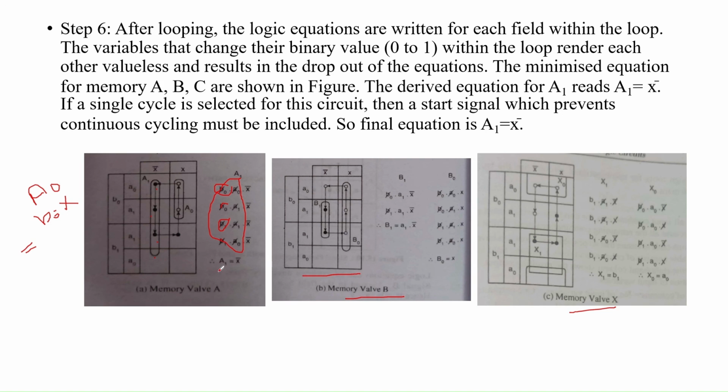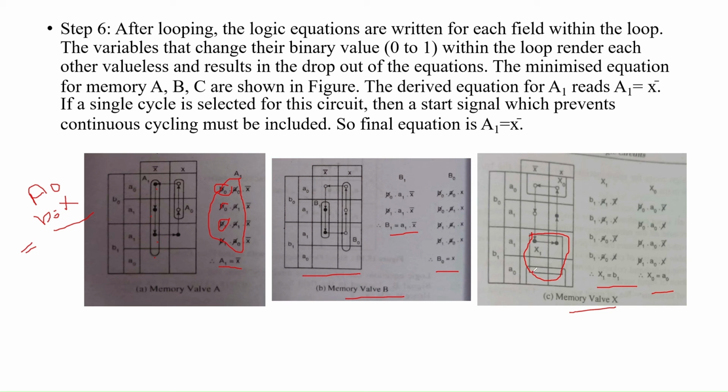At the end we get how many equations? Two equations for memory value A, two for memory value B and two for X. So these are the final equations. With these equations we can draw the logic circuit. Also please look at this memory value X. We have looped it in this manner, which is also okay.